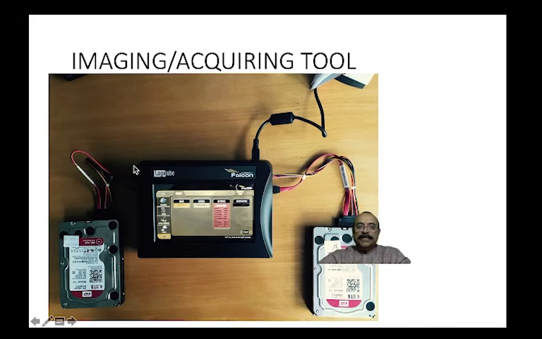This type of data transfer will happen using this. 32 GB per minute means even for copying 320 GB, 10 minutes is enough. 3200 GB, 100 minutes is enough. So the suspect hard drive imaging can be taken here.